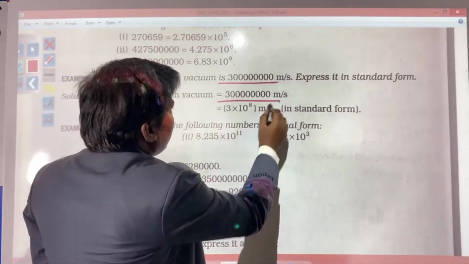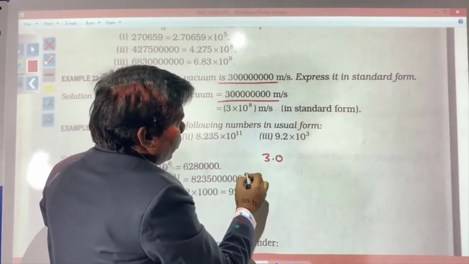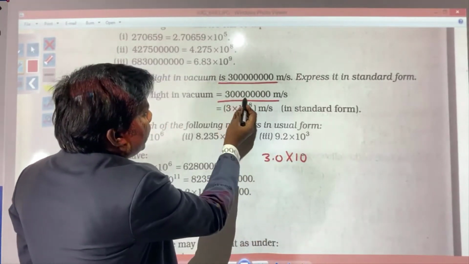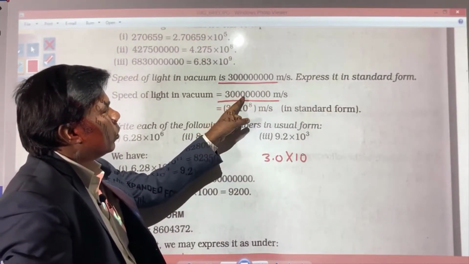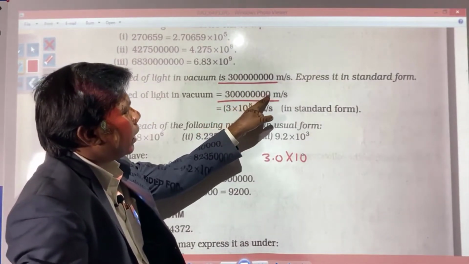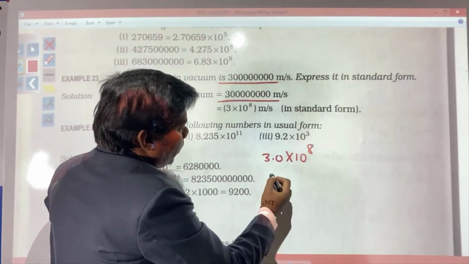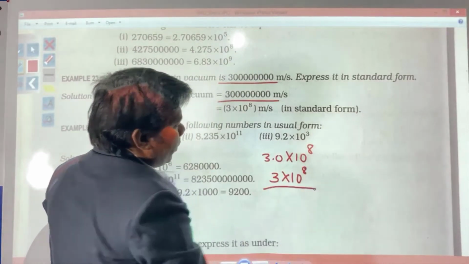How will it be converted, you see. We will put 3.0 and then into 10 to the power. How many digits are there just after one digit? 1, 2, 3, 4, 5, 6, 7, 8. So this will be 8. So you write 3.0 into 10 to the power 8, or simply 3 into 10 to the power 8, and this will be your answer.